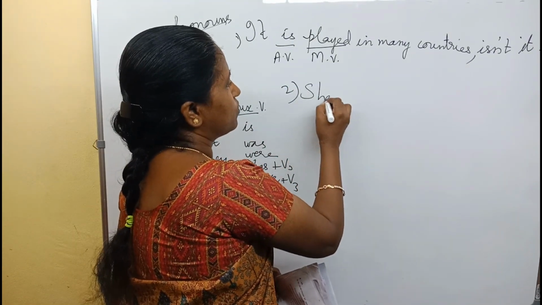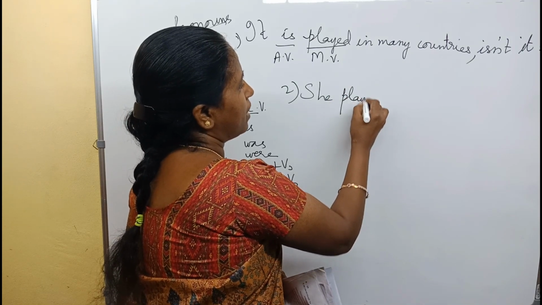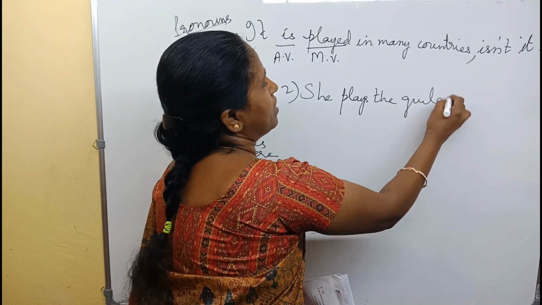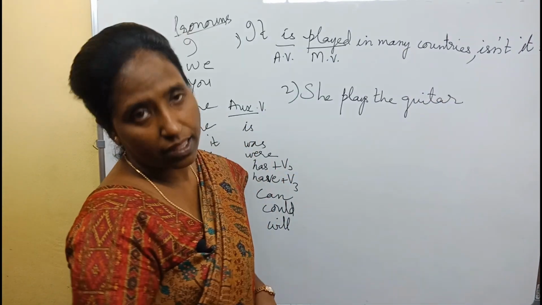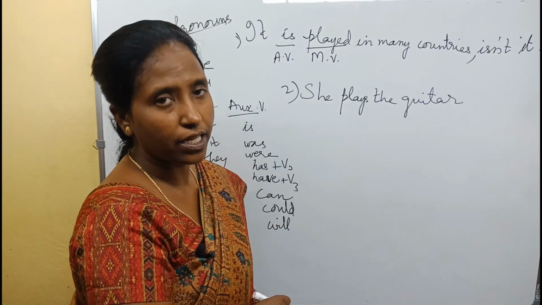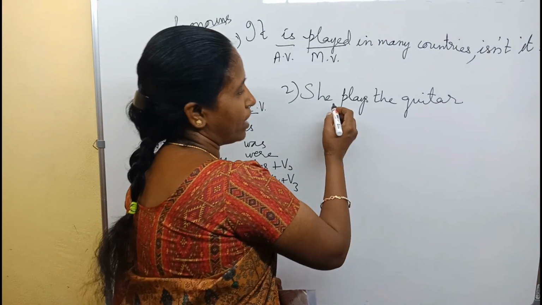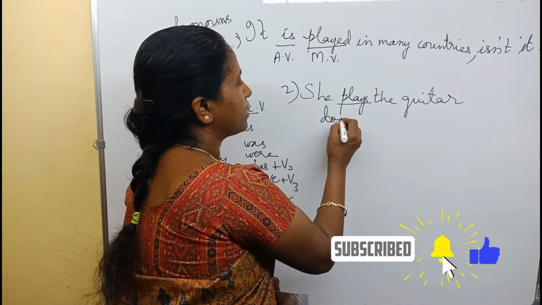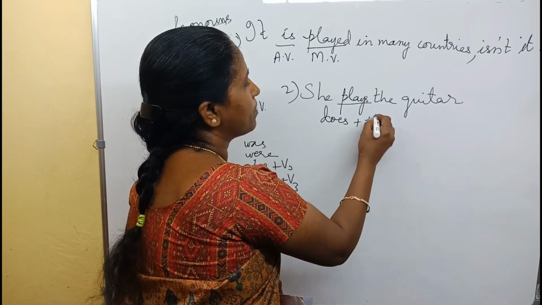I will give one more example. She plays the guitar. There is no auxiliary verb here. So what will you do? You have to split the verb plays. How will plays get split into? Does plus play.